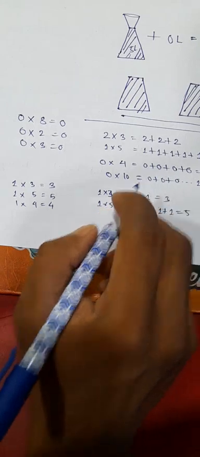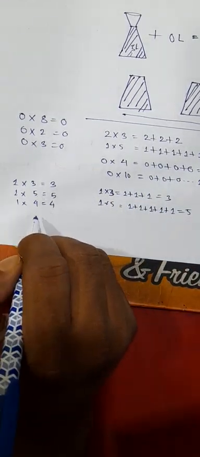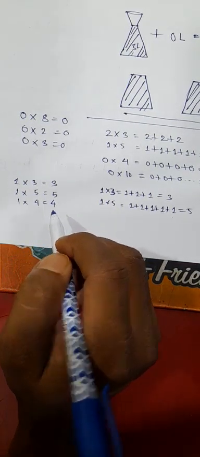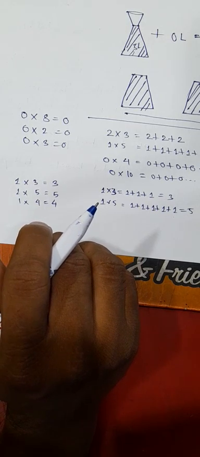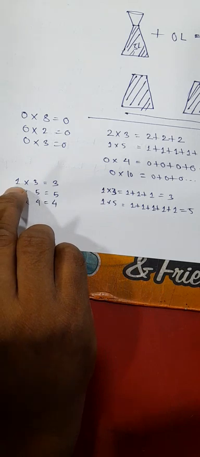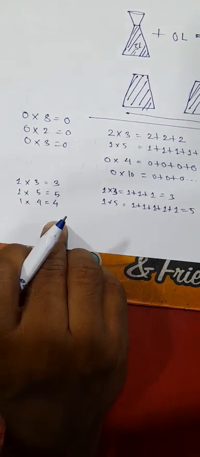Right? So multiplication of any whole number by 1 will give the number itself. Multiplication of a whole number by 1 will never change the identity of the whole number. That is why this is called the identity element with respect to the operation of multiplication.